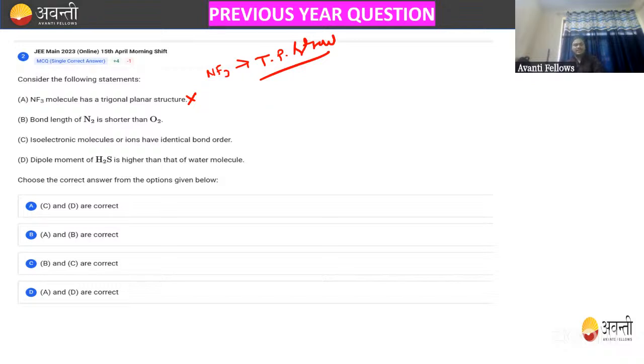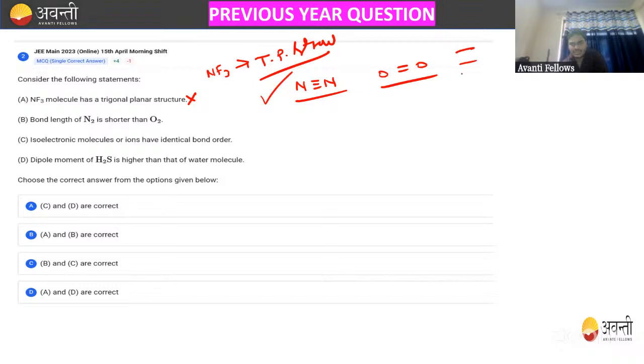Now, the second one is B. Bond length of N2 is shorter than O2. Is this correct? Because N2 is formed like this, O2 is formed like this. So they are saying bond length of N2 is shorter than O2. Is this correct? Everyone, बताओ. Obviously it is correct because of the triple bond.